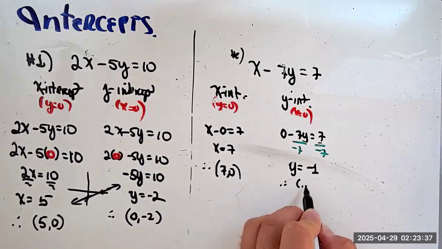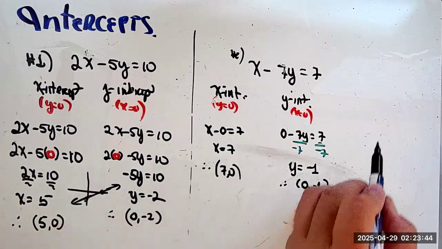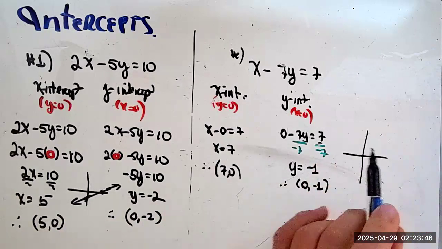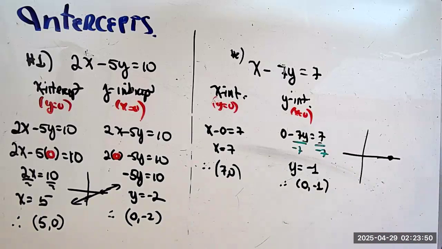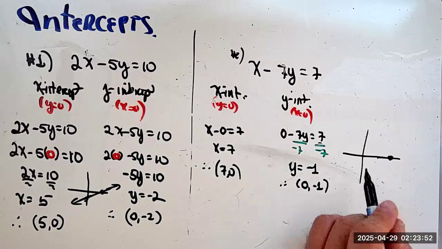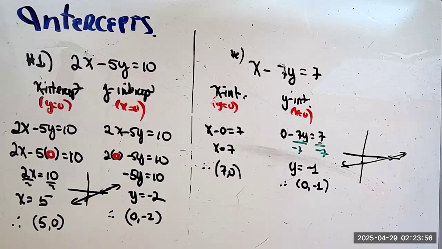So the coordinates will be (0, negative 1). Very similar to the other one. I'm going to hit the x-axis at 7 here, and the y-axis at negative 1. So that would be the graph.